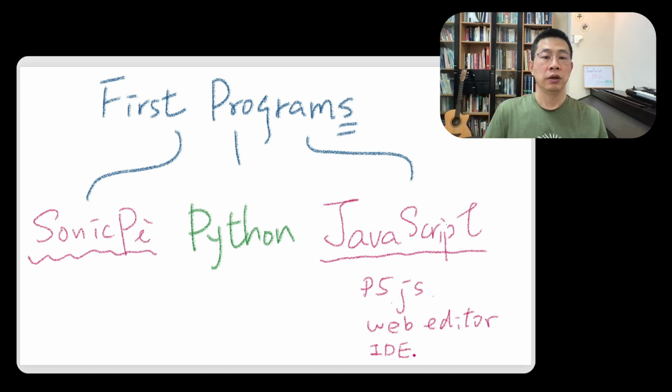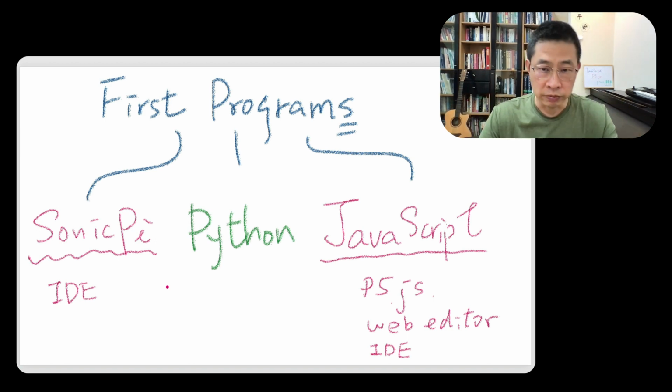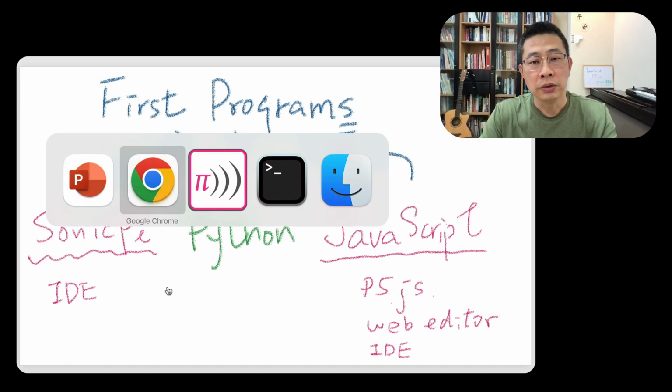In SonicPy, when we run it, it has its own IDE and editor. So in the following, I will switch between those programming environments, and you'll notice how I do it. So first, let's do SonicPy.